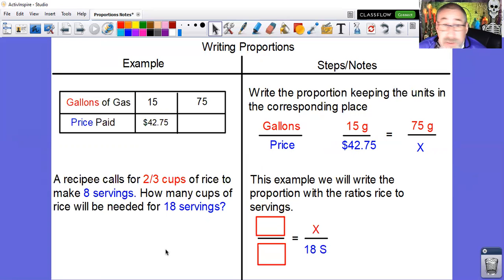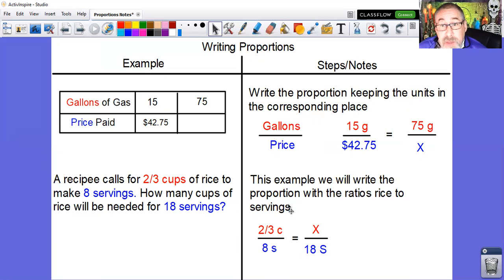All right. Another example. A recipe calls for 2/3 cup of rice to make 8 servings. How many cups of rice will be needed for 18 servings? So we've got our 2/3 cup of rice over our servings.